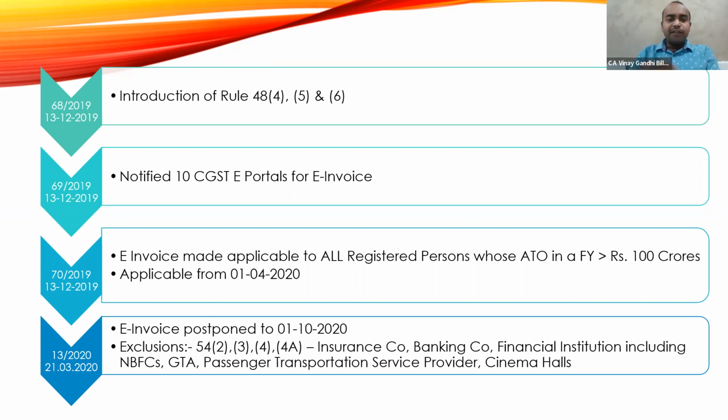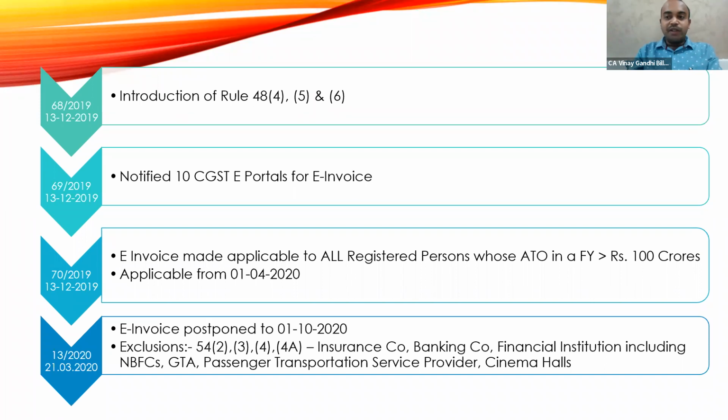On the same day, they also made 10 portals for e-invoice. Initially e-invoice was to be applicable from 1/4/2020 for registered persons whose aggregate turnover in a financial year is more than 100 crores.